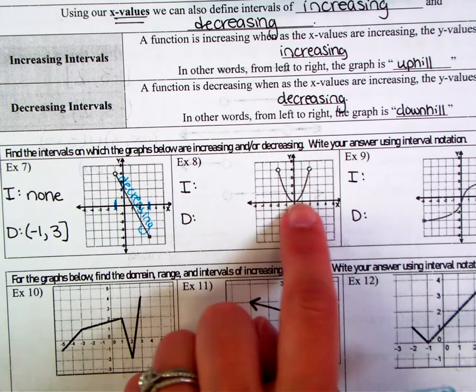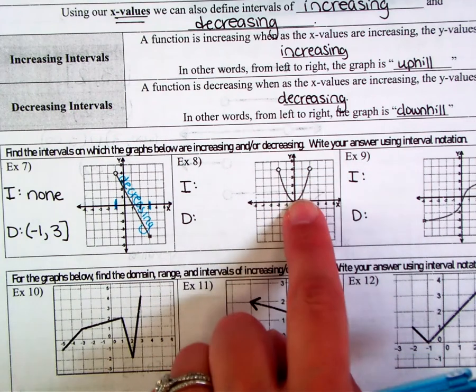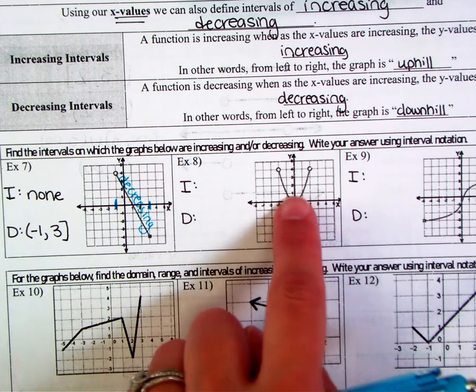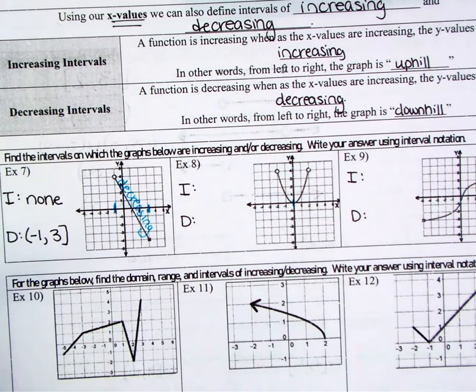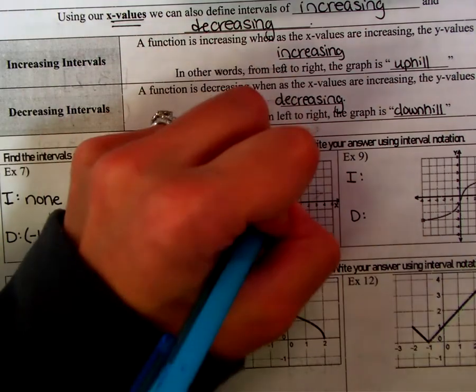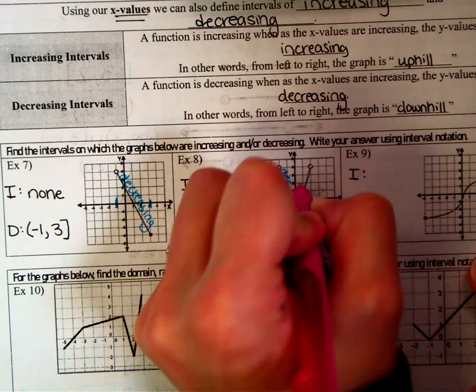But at that point in between your stomach dropping and your heart rate increasing, it's not really doing anything. It's not exciting at all. So think about that as your defining point between increasing and decreasing. At that point, you are not doing either one. You're not going uphill and you're not going downhill.